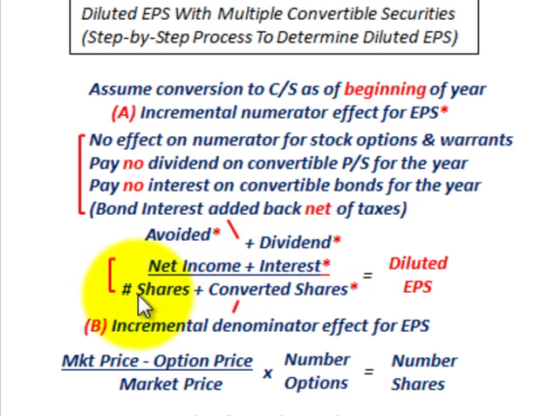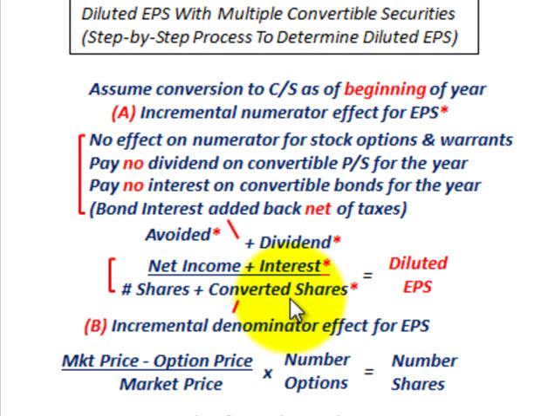And then when we come down to our denominator, we have to know what our average common shares outstanding are. But because these securities were converted, we have to include those in the total number of shares that would be outstanding when we say they were converted into common stock. So this is where we determine that incremental denominator effect for our earnings per share.